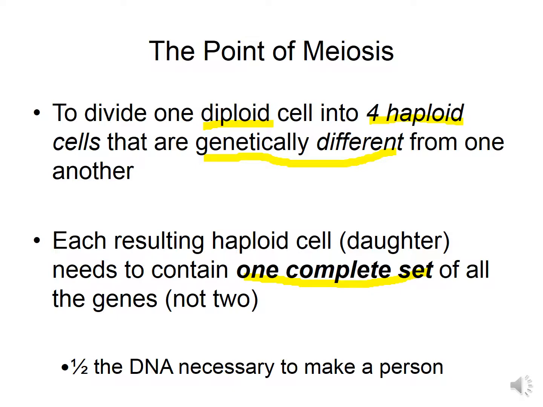And this represents half the DNA necessary to make a person. Now, why do we care about that? Well, remember, what we're making here are sperm cells or egg cells. So those cells, ideally, will fertilize one another, which means that the embryo that's made, the fertilized egg that's made, will have 46 chromosomes. So it's important that they only have 23 each.